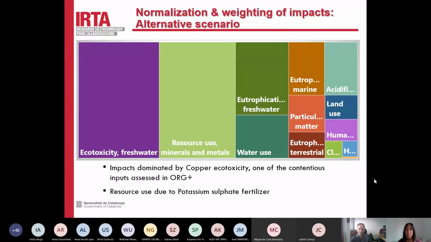Here we can see that freshwater ecotoxicity contributes the most due to the copper oxychloride plant protection product use, which is one of the contentious inputs being studied in Organic Plus, as well as the mineral and metal resource use due to potassium sulfate fertilizer.